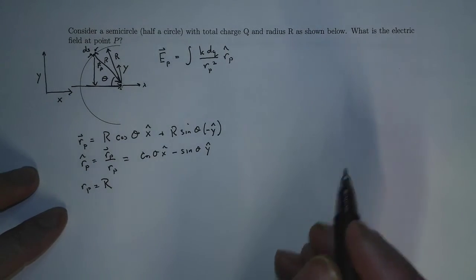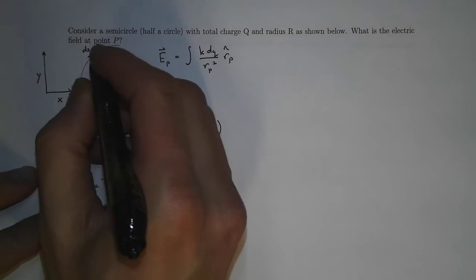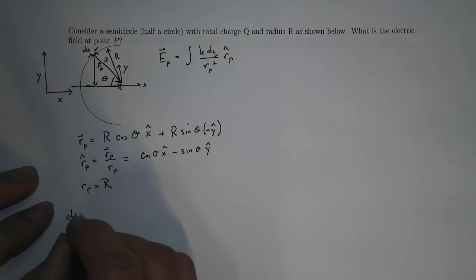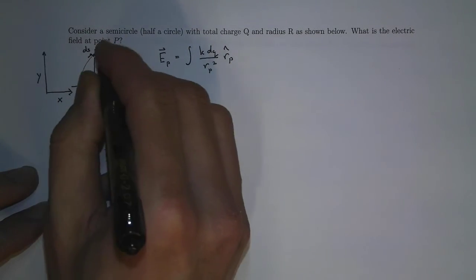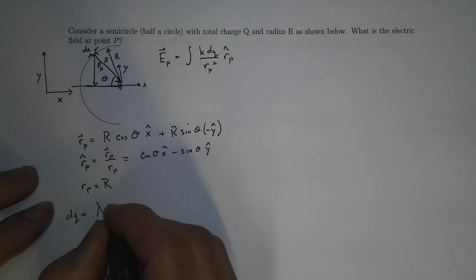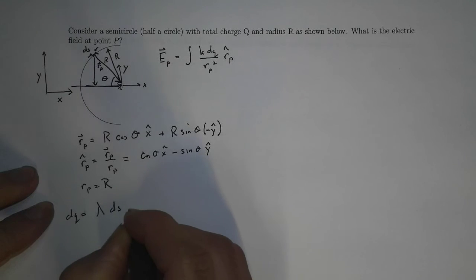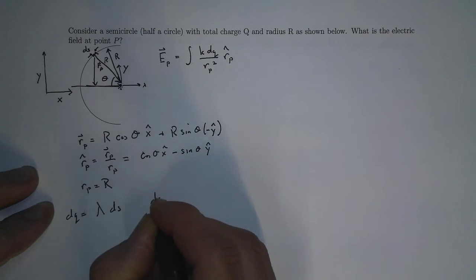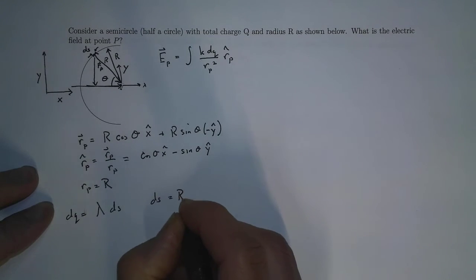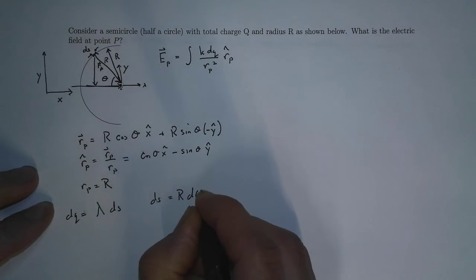Now we just have to figure out what dq is. dq is just going to be the charge per unit length, which we'll call lambda, times ds. And ds is just going to be this arc segment here, which is capital R times d theta.